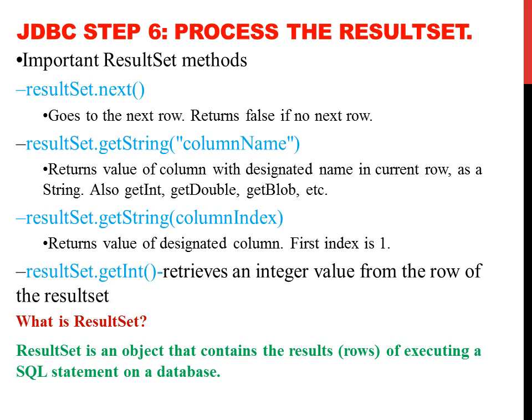If you want to get a double value, you can use the getDouble method. If the column is of type string, then you can use getString, passing the column index also. Suppose you give getString of 1, it will return the value of designated column 1. ResultSet getInt retrieves an integer value.